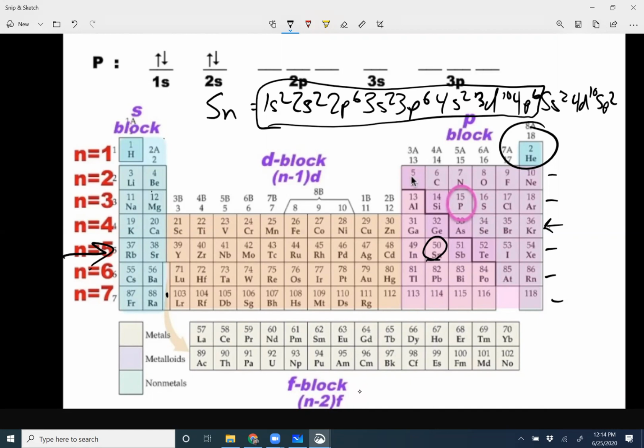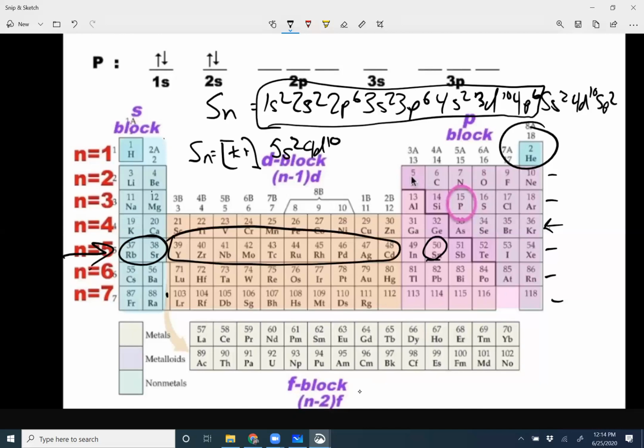So rather than writing all that, we can write tin equals krypton, and then just write what's left over. 5s2, because we're right there with 5s2. 4d10, because we're going through 4d10. And then 5p2. It makes it a lot shorter. And when we talk on Friday, it will show us the valence electrons, which are the most important electrons for the atom.